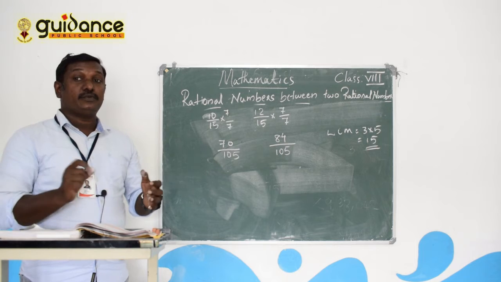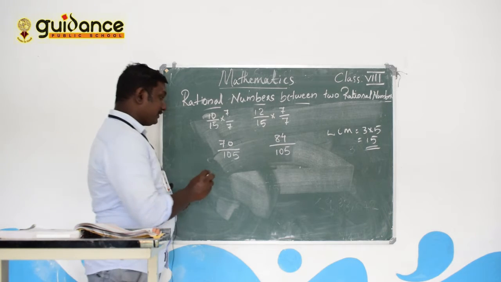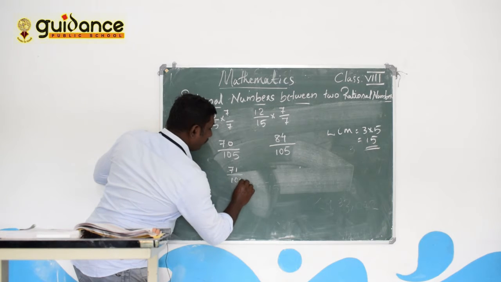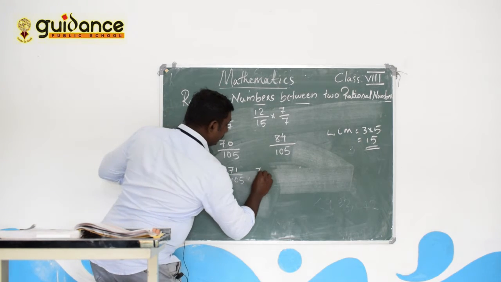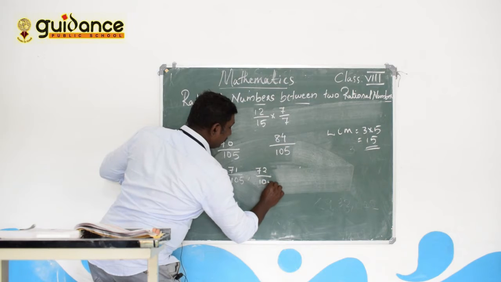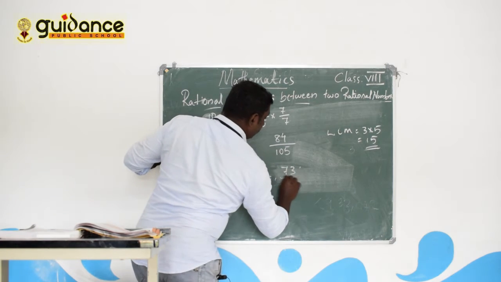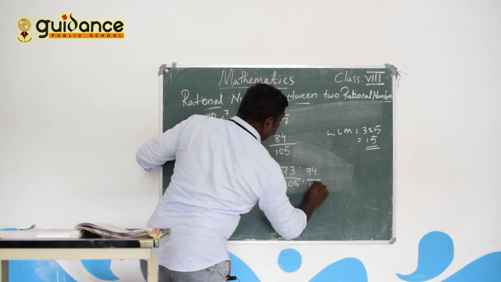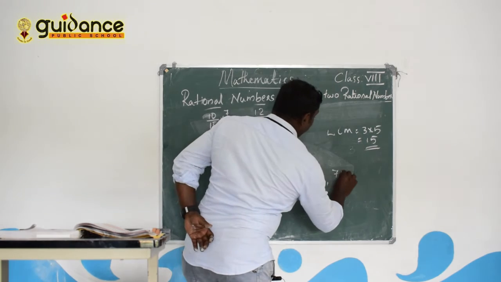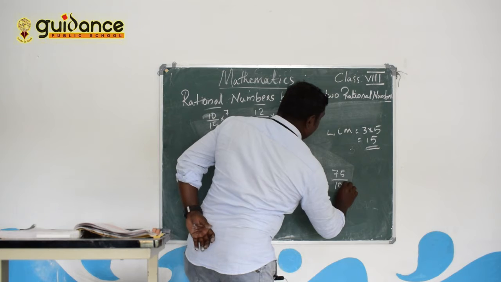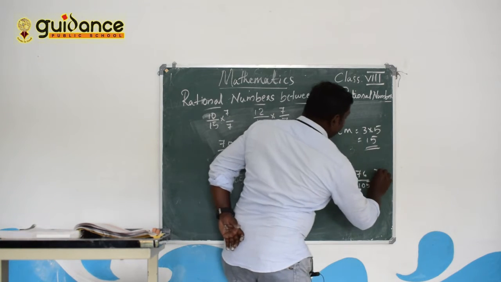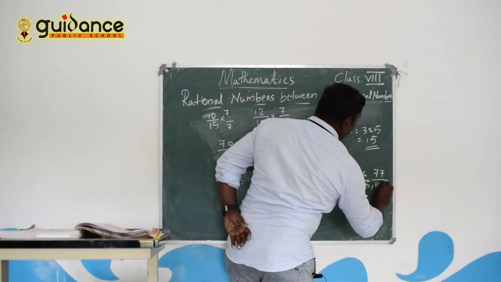How many rational numbers do we have to find? 6. So directly we can write 71 by 105, 72 by 105, 73 by 105, 74 by 105, 75 by 105, 76 by 105, 77 by 105, etc.